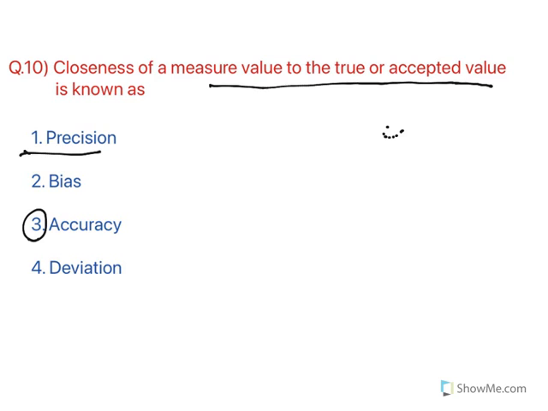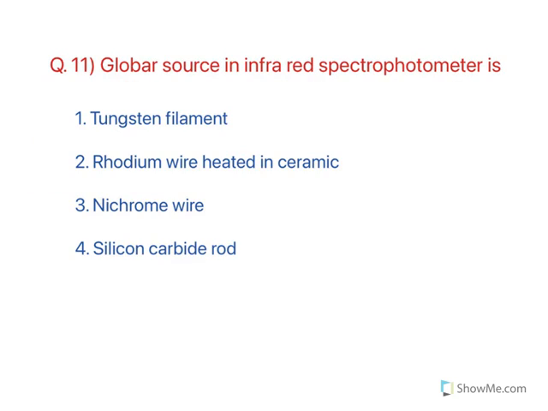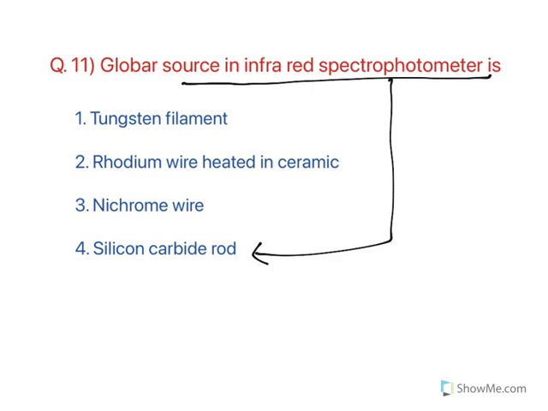Now, accuracy is closeness of a measured value to the true or accepted value, whereas precision, when you do multiple experiments and you are getting multiple values, if all of them are very close, then it is called precision. But here the question is about closeness of a measured value to the standard value, which is known as accuracy. Moving further. Now, the Globar source in an infrared spectrophotometer is silicon carbide rod. It is a direct question.